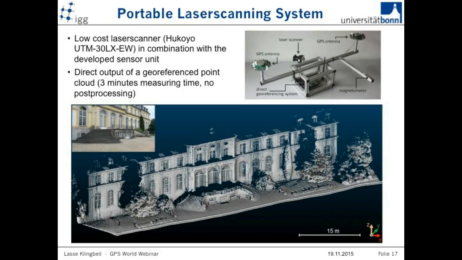Without any post-processing, there is a direct output of the georeferenced point cloud. This is a nice thing you can do with this little unit, then you don't need any ground control points for that. And with this nice picture, it's actually a castle in Bonn. It's very nice. I want to close my talk and thank you for your attention.